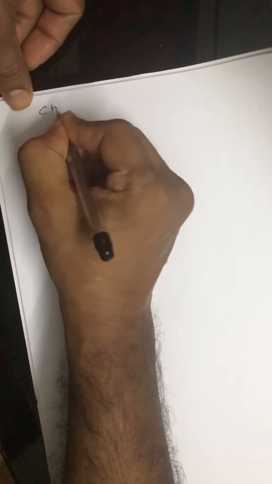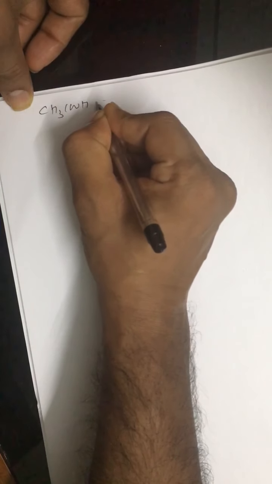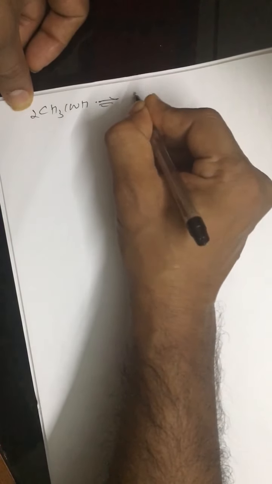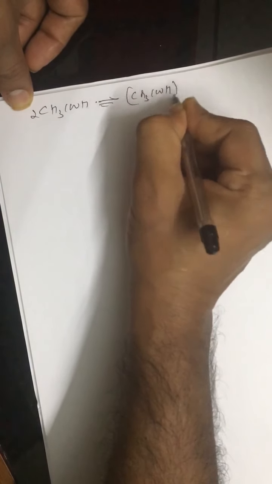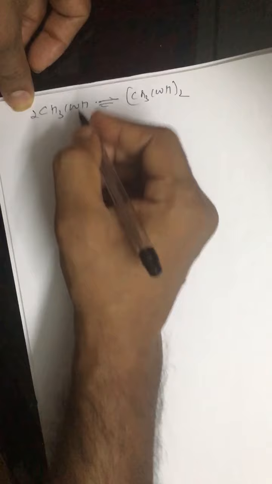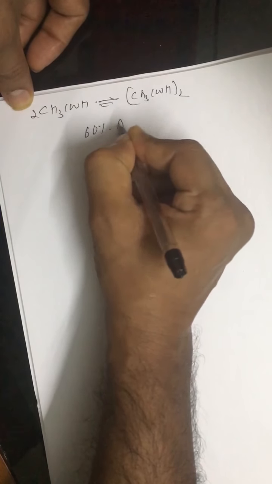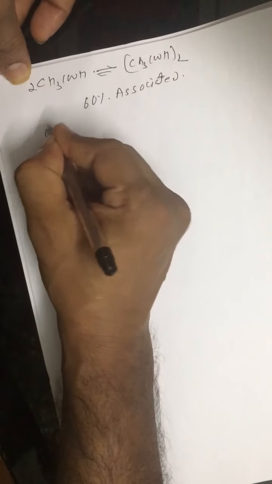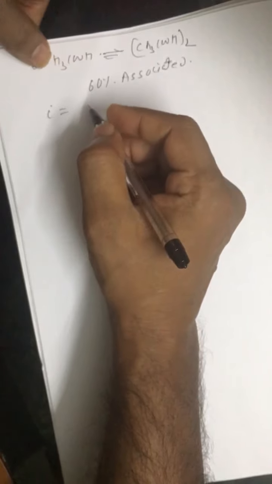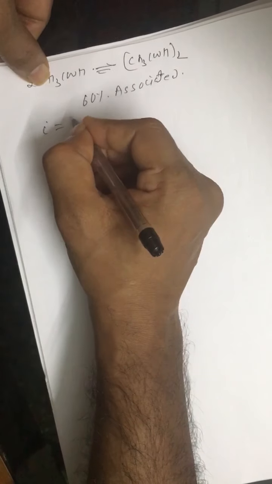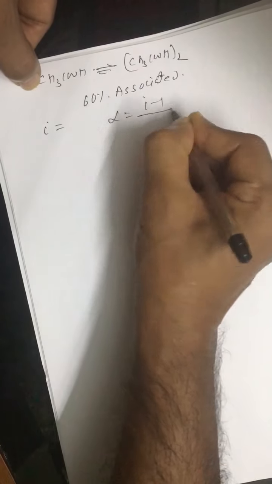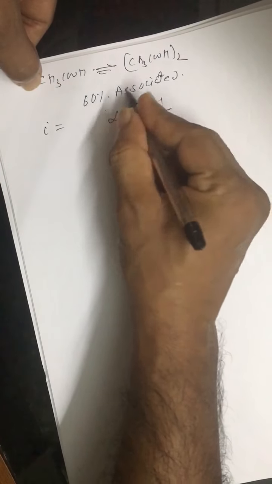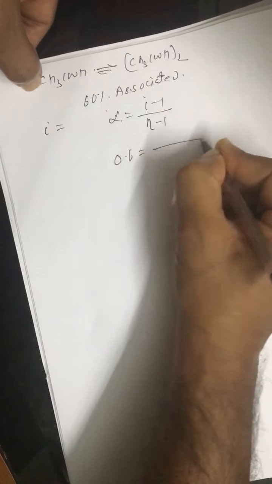So in case of dissociation, i is greater than 1. Now suppose acetic acid, CH3COOH, undergoes association, (CH3COOH) whole twice, and it is 60% associated. Calculate the value of i. We will calculate like this: alpha equals (i minus 1) upon (eta minus 1). 60% associated is 0.6, (i minus 1) upon (eta minus 1).